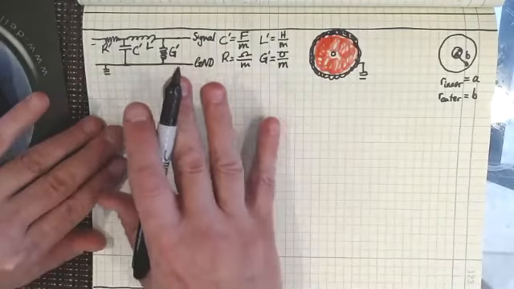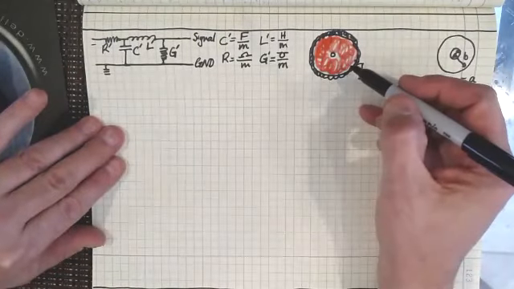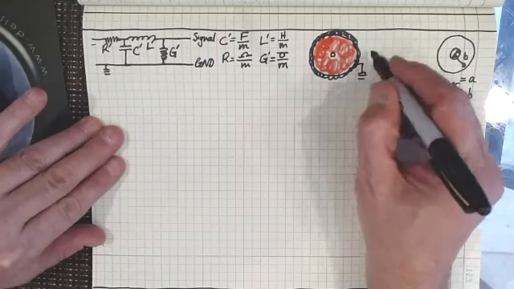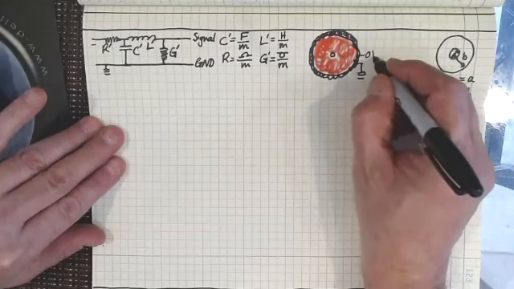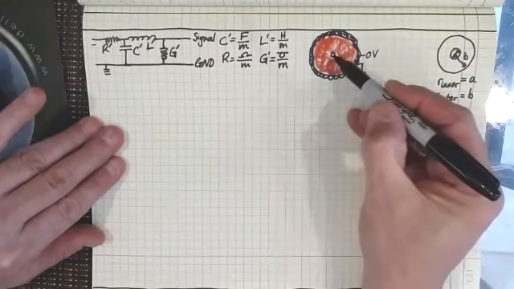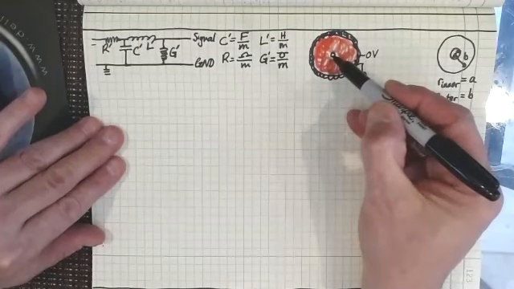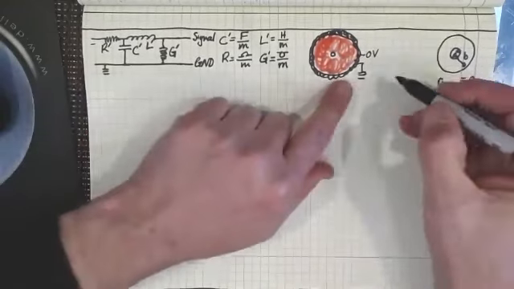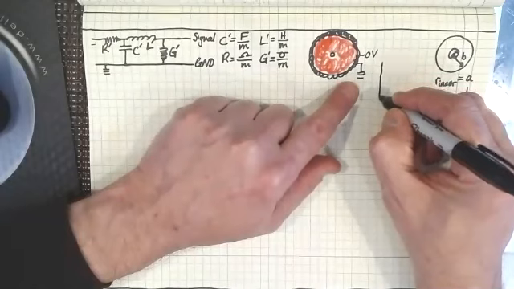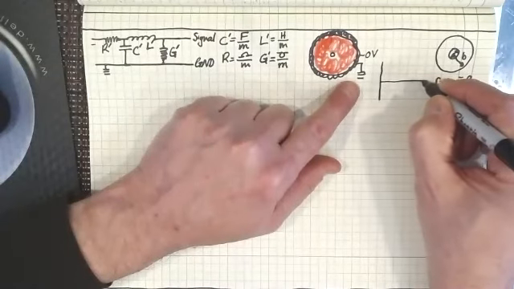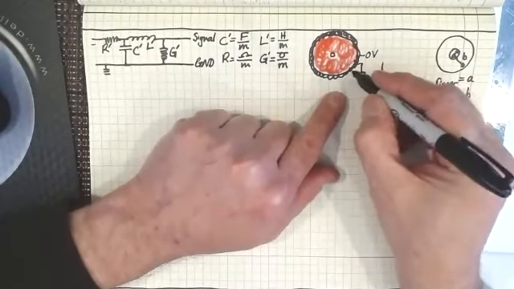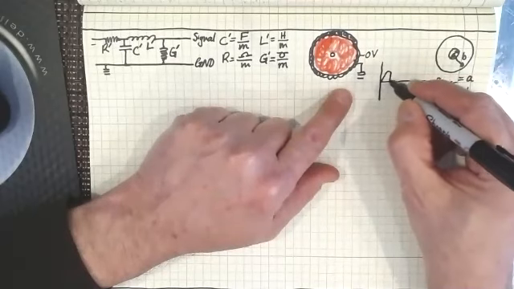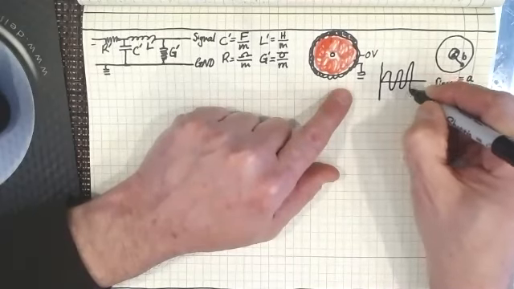Now, let's think about this. This is always going to be 0 volts. But that signal wire inside is not always going to be 0 volts, is it? In fact, if we were to look at an oscilloscope of what's going on in that signal wire relative to the outside ground shield, we would see something like this, wouldn't we?